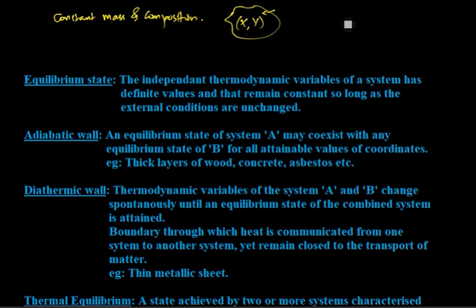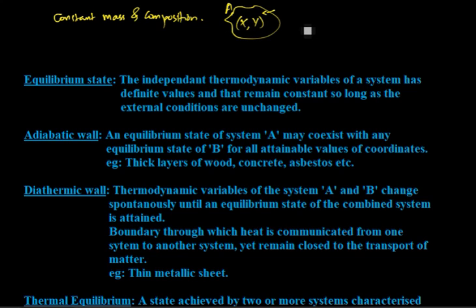So, if you have a system, let's call it system A, having a uniform mass and composition. For the sake of simplicity, we are considering systems with constant mass and composition, and we also consider that only one pair of independent coordinates is needed to describe the system.